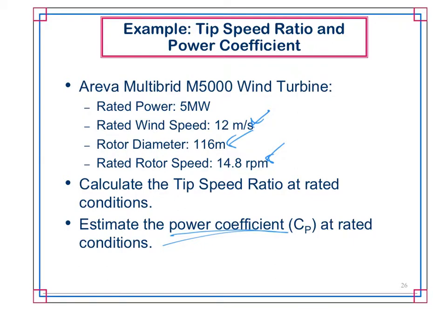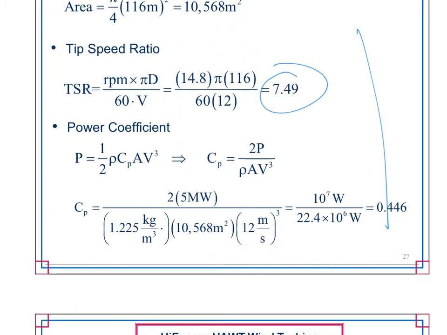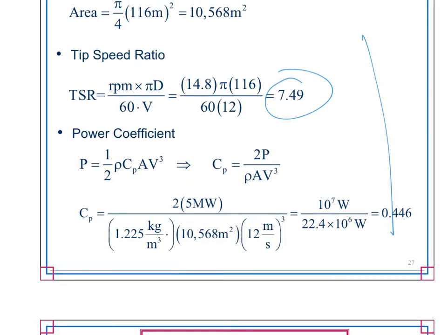So here's our power coefficient. So we're going to back calculate, because we know what the power is at 12 meters per second, all right? It's 5 megawatts, and we know the area, and we know rho. We should be able to calculate the power coefficient, the efficiency, by using that value.